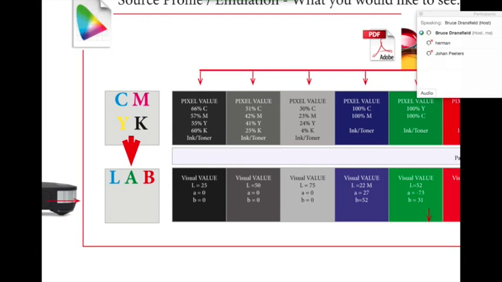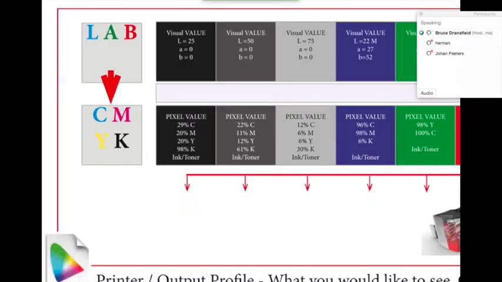And again, these are either industry standards or you can make your own, but let's just stick to industry standards for now. They are a translation from INK or CMYK to LAB. And an output profile essentially describes our printer and describes our LAB to CMYK.